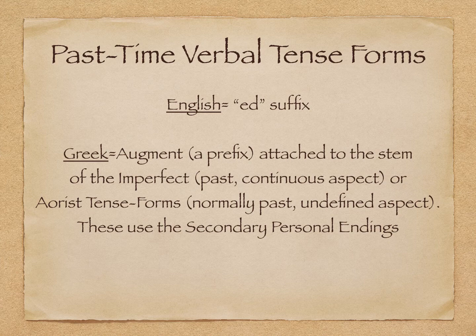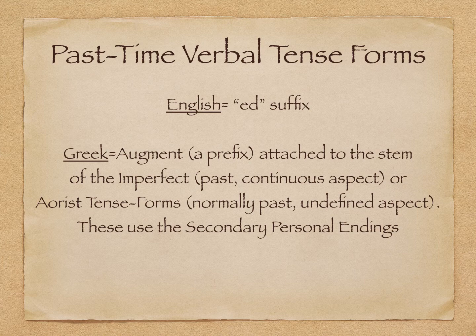Now you know already that Greek verbs have two important components. One is time, but more so aspect. That is, the view that the speaker wishes for the audience to understand, or that the writer wishes for the audience to understand from his perspective.